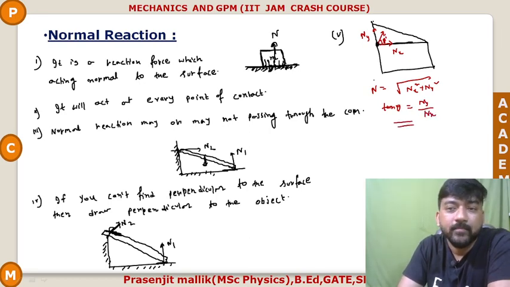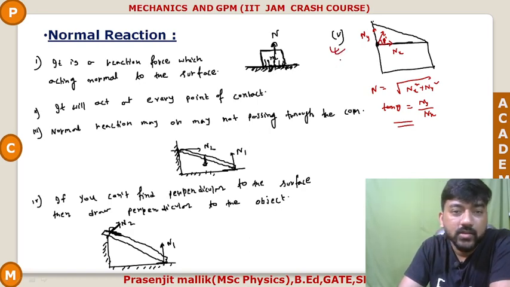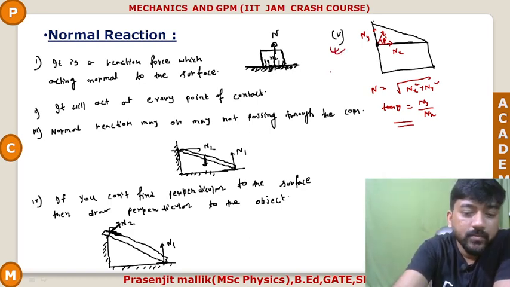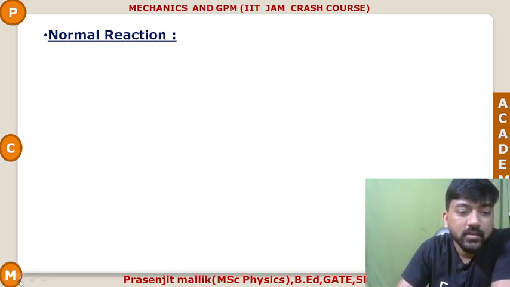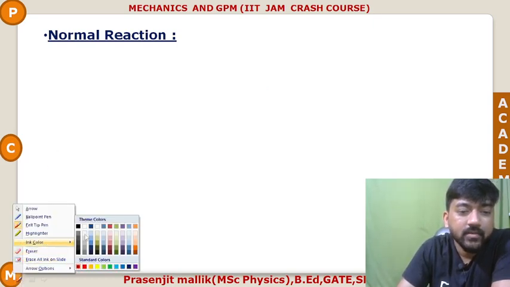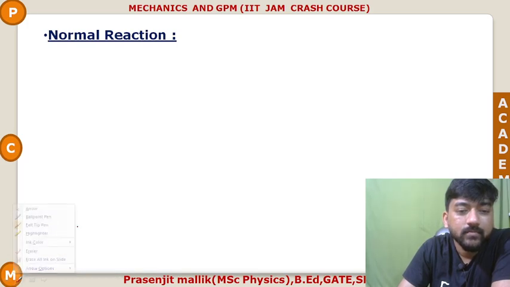So you can find, but this is a very complicated case. This will arise in a very complicated case. Okay, now if you have a round shape object, suppose you have a spherical kind of object, something like this.